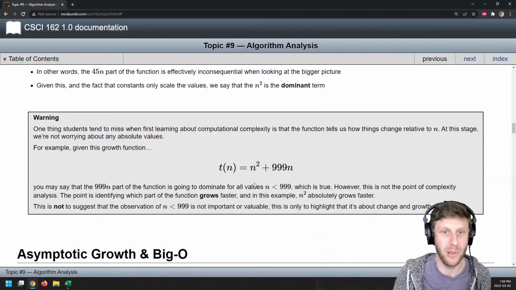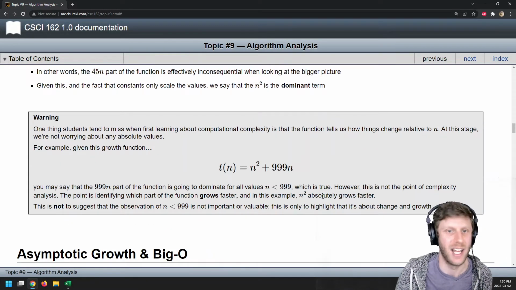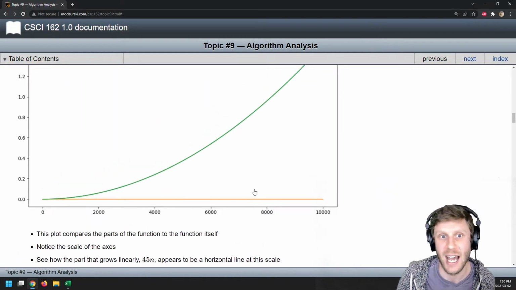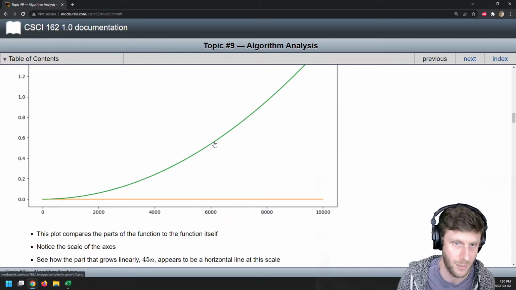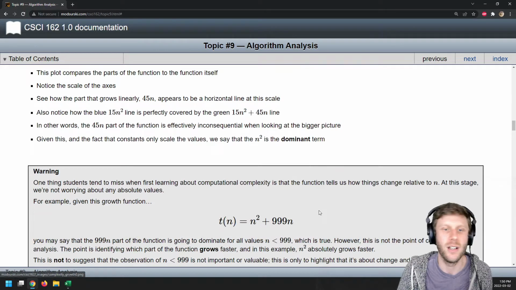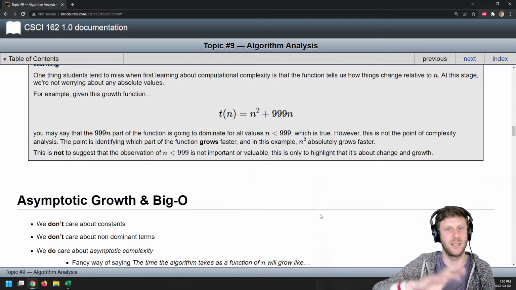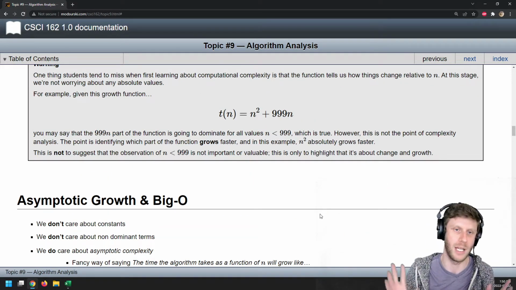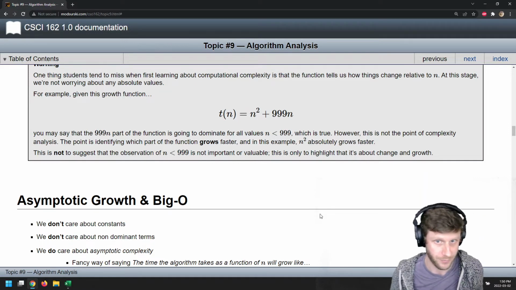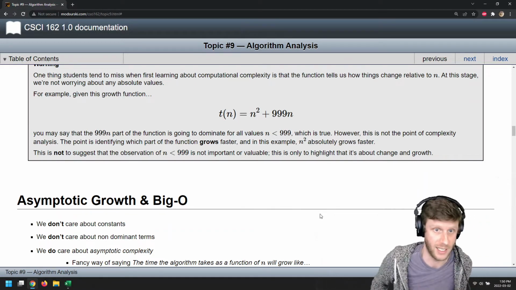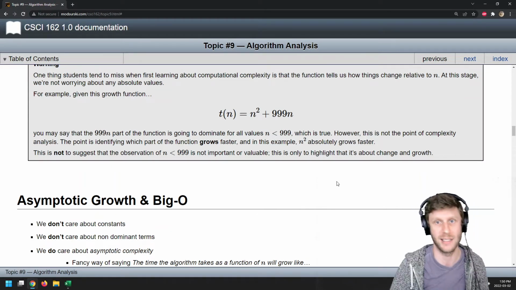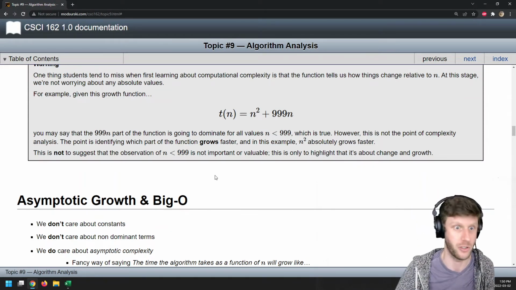So I want to plot this and not just calculate it at a specific value, because then I would plug in 6,000 and get this specific value. Great, but I want to know how it changes as n grows. So we like to plot these as functions. This is not to suggest that the observation of n less than 999 is not important or valuable. It's only to highlight that it's about change and growth.